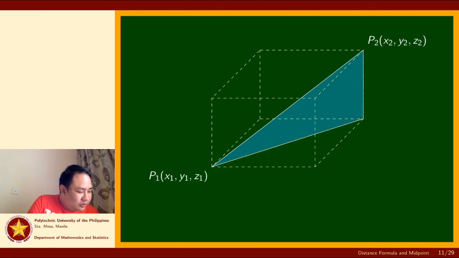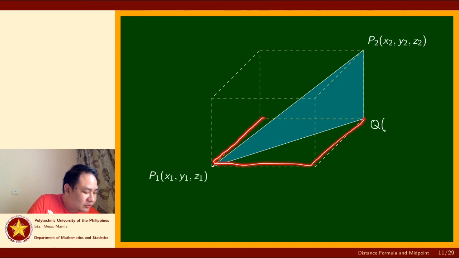In order to do that, first we label this point as Q. Note that what are the coordinates of Q? Notice that the point Q is in the same plane as P1, where the plane is parallel to the xy plane. This plane is parallel to the xy plane and they both contain P1 and P2.